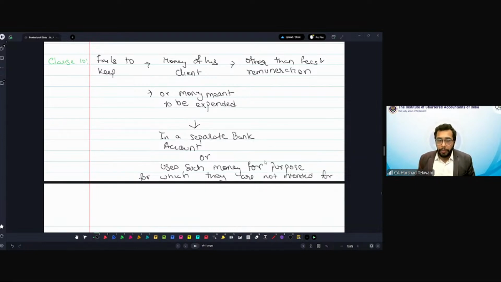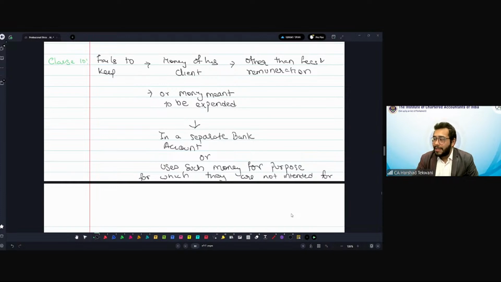Sir, it's an "or" and "and"? It's mutually exclusive. Suppose he keeps it in a separate bank account, but uses the money for which it is not intended. No, if he uses the money for any other purpose, it will apply.